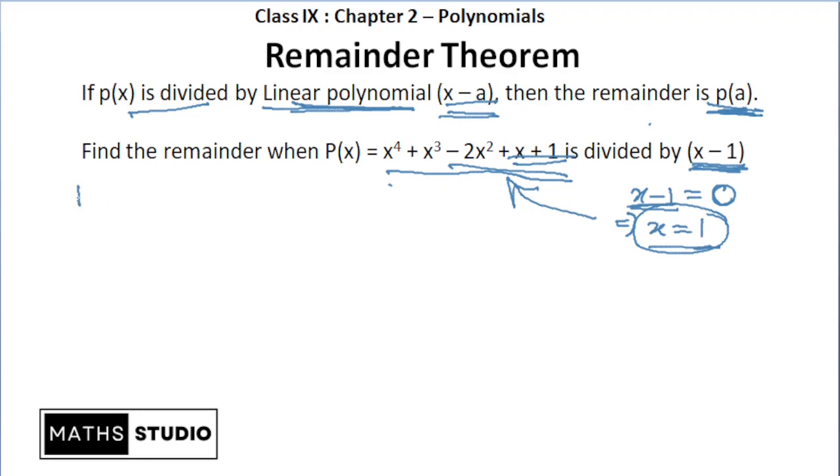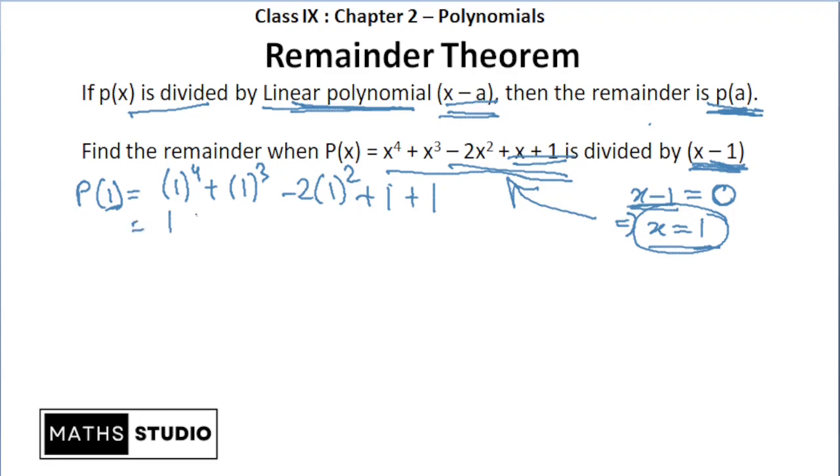So P(1). See, here we have x minus 1, that is why we are putting the value as 1, not minus 1. So x to the power 4 means 1 to the power 4 plus 1 to the power 3 minus 2 into 1 square plus 1 plus 1.